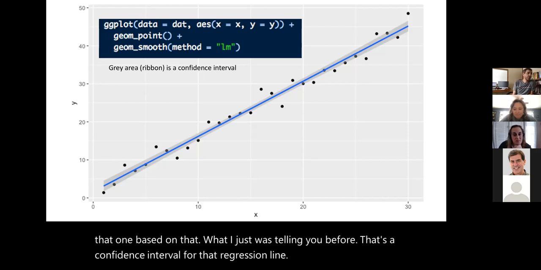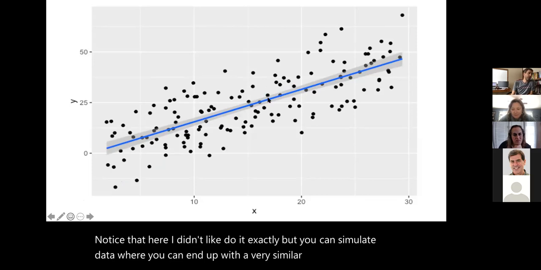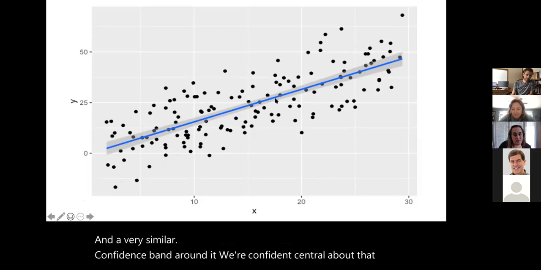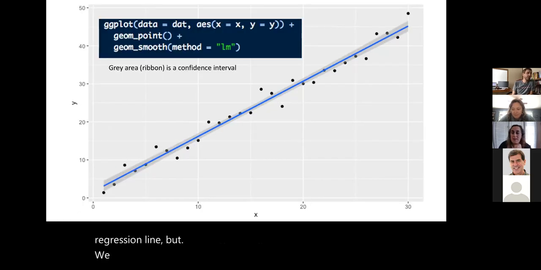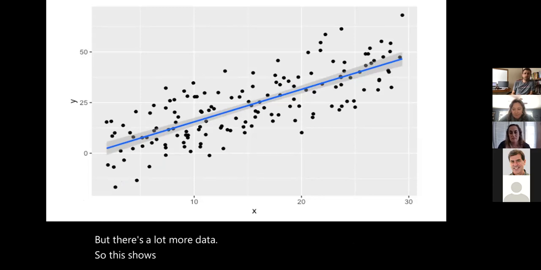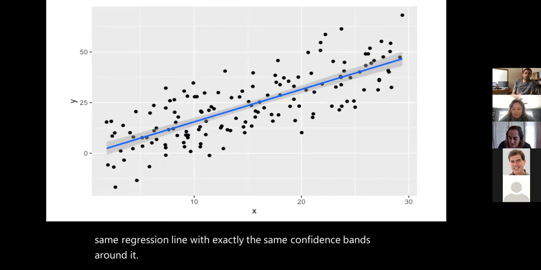Notice that here I didn't do it exactly, but you can simulate data where you end up with a very similar regression line and a very similar confidence band around it, or confidence interval about that regression line. If we compare the previous slide to this slide, there's a lot more spread, but there's a lot more data. So this shows that you could end up with exactly the same regression line with exactly the same confidence bands around it, but it could be compensated.